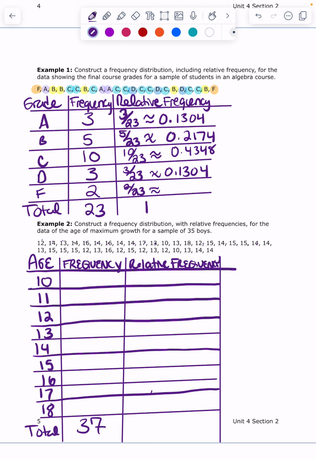And 2 divided by 23 is approximately 0.0870, rounded to 4 decimal places. I checked, and that does add up to 1. So that is our frequency distribution.